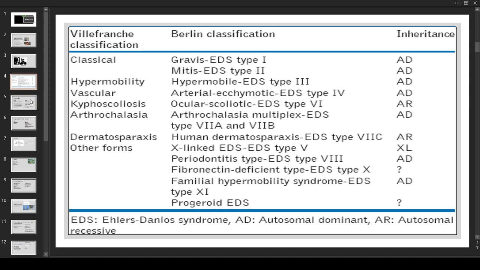Some of the following symptoms may be more prevalent in some subtypes than others, but they are still mentioned here.